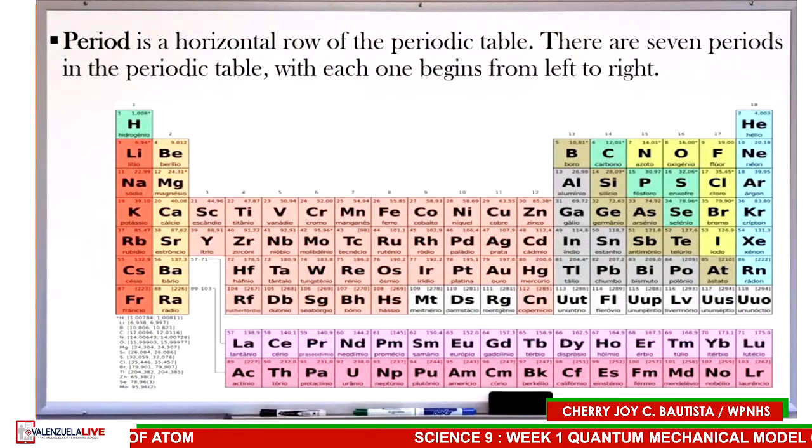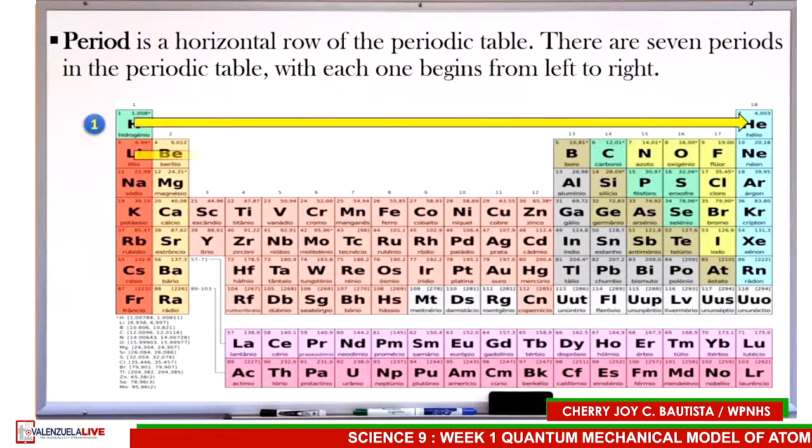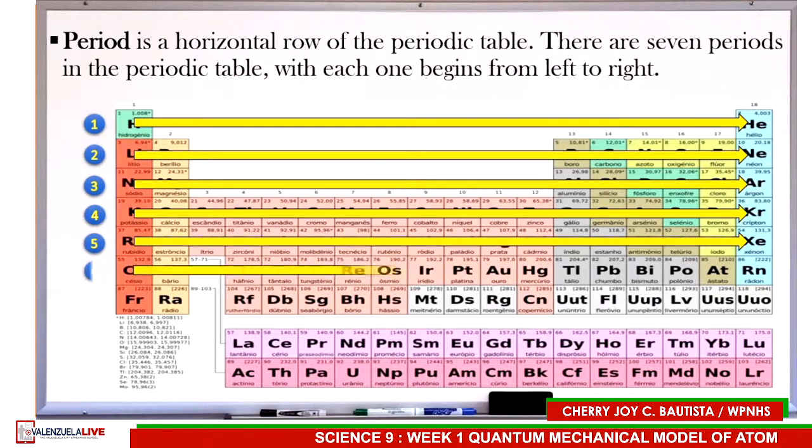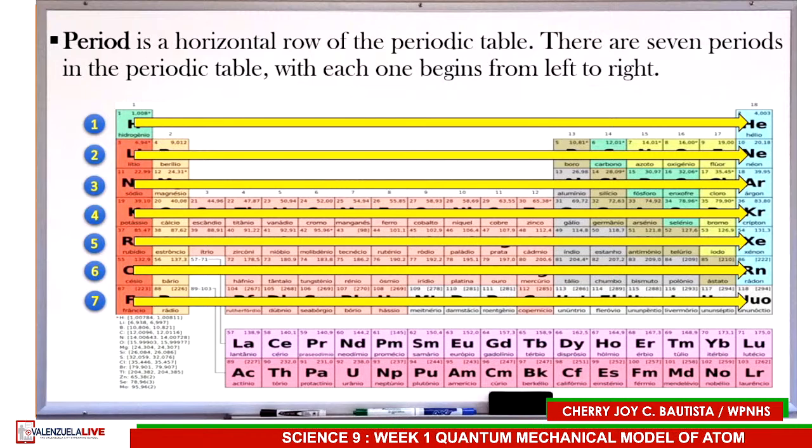Period is a horizontal row of the periodic table. There are 7 periods in the periodic table, with each one beginning from left to right. To find the period number, you have to write the electron configuration and get the maximum value of n, or the highest energy level.